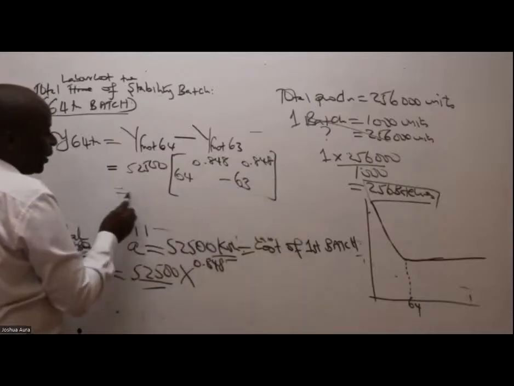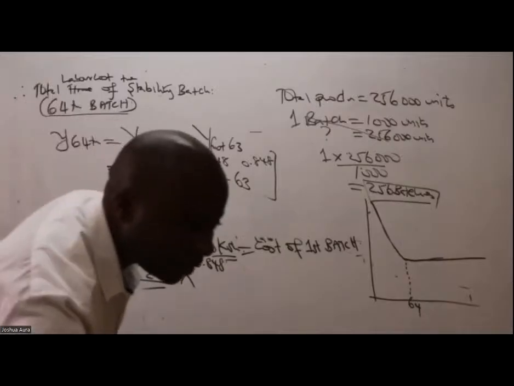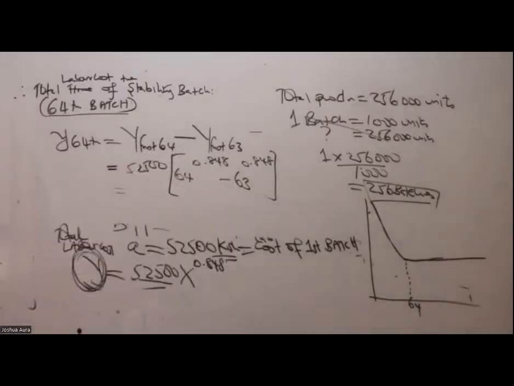Could you kindly give me this answer? So you say 52,500 times, open brackets, 64 raised to that, minus 63 raised to that. I'm not going to write anything until I see each one of us providing an answer.